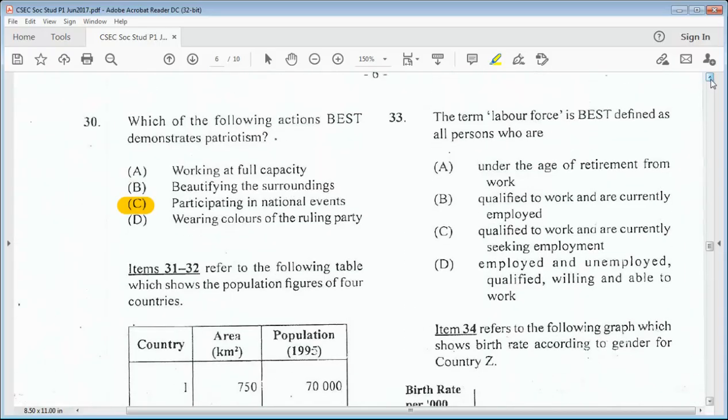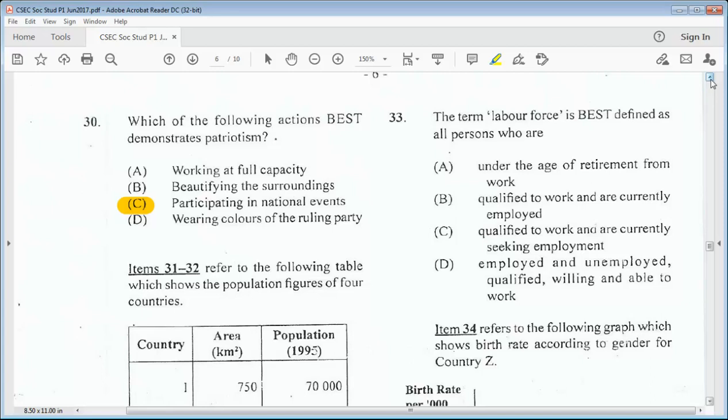Here it says, the term labor force is best defined as all persons who are A, under the age of retirement from work, B, qualified to work and are currently employed, C, qualified to work and are currently seeking employment, or D, employed and unemployed, qualified, willing, and able to work.